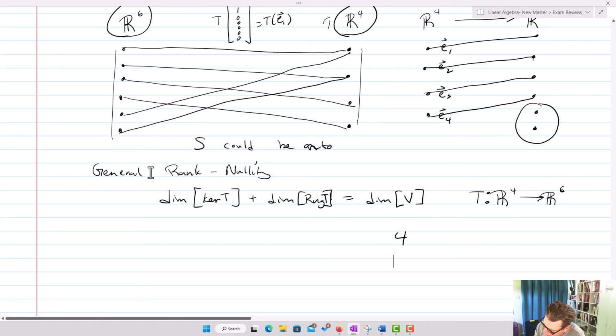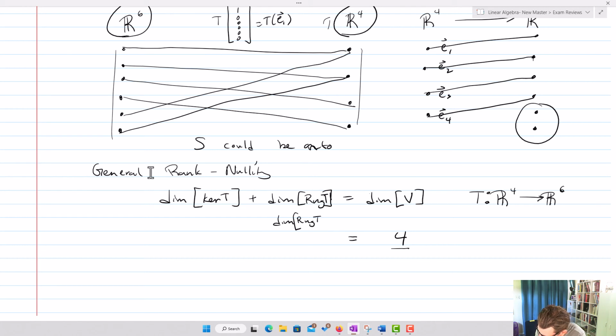And so consequently, if the dimension of V is equal to 4, the dimension of the range of T must be less than or equal to 4, right? Because that would be 4, and then that would make the dimension of the kernel of T equal to 0.